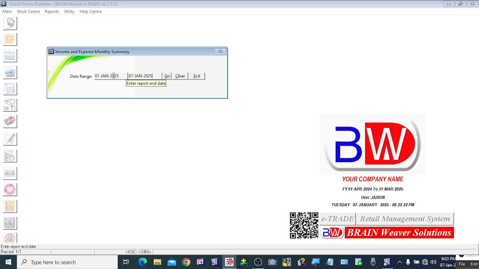Here, for example, I am entering 1st January 2024 to 31st December 2024. During this last 1 year, I want to know the income and expense monthly summary.